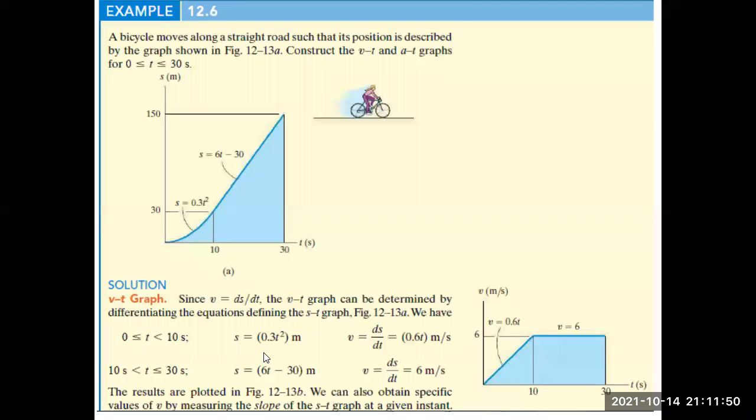Okay, Shajin. So we have S versus T. What is given? You tell me.